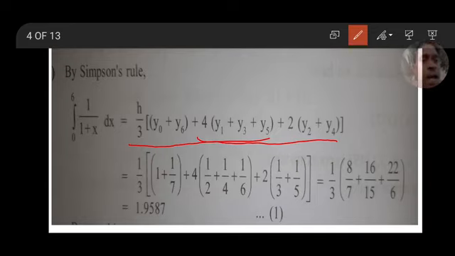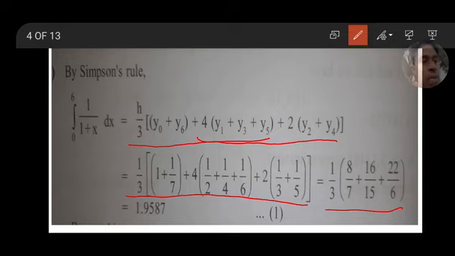Substituting the values, we get 1 by 3 into 1 plus 1 by 7 plus 4 into 1 by 2 plus 1 by 4 plus 1 by 6, plus 2 into 1 by 3 plus 1 by 5. After simplification, we get 1 by 3 into 8 by 7 plus 16 by 5 plus 22 by 6.